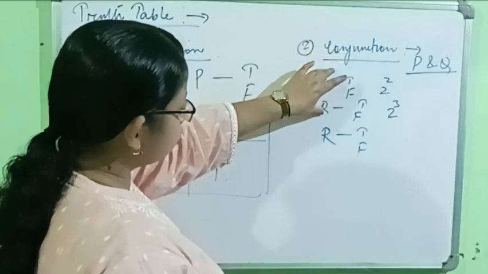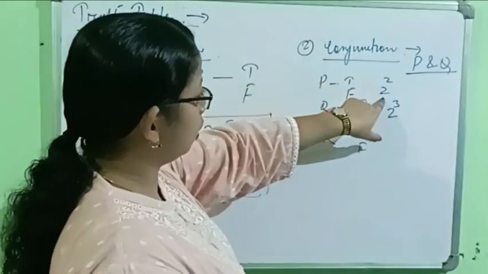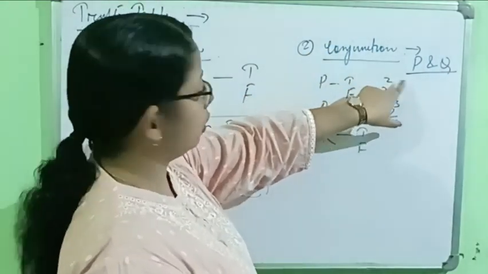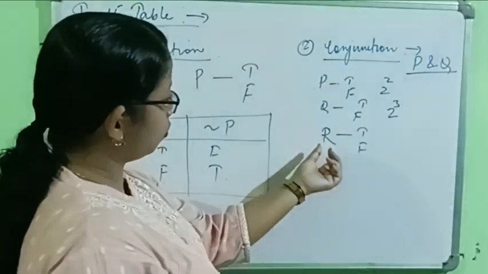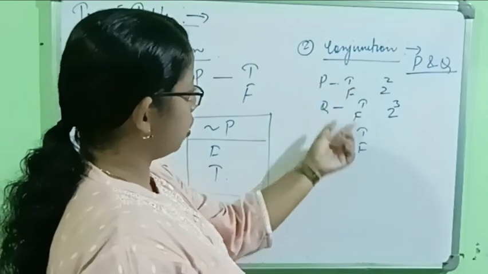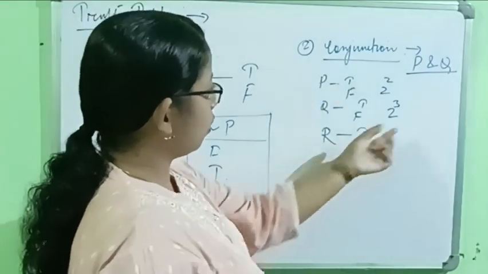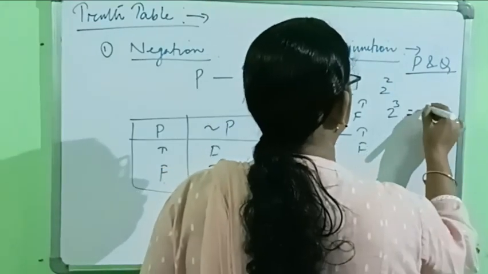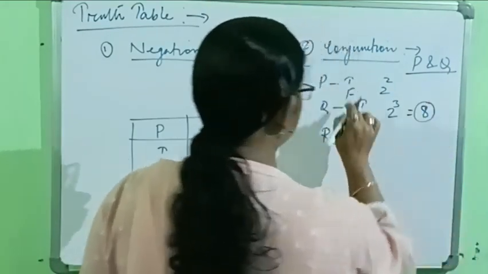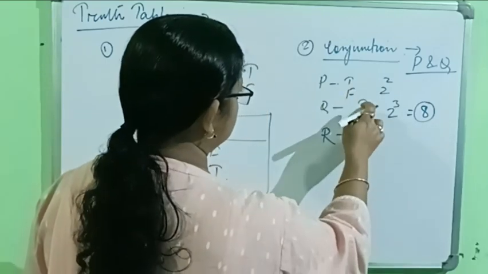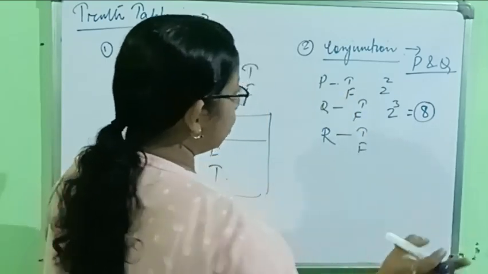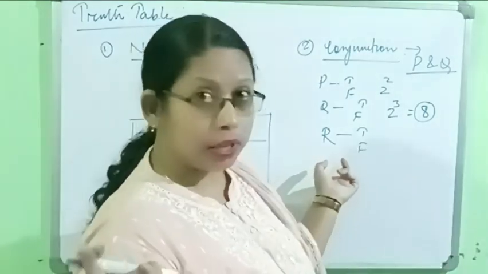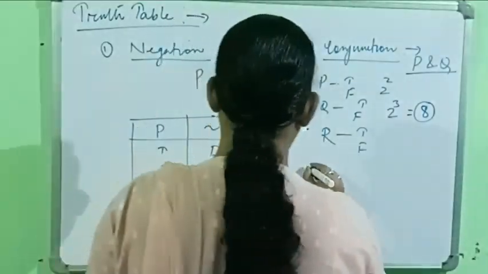In the case of two sentences, I will get 2 to the power 2, that is four choices of true and false values, and for 3 I will get 2 to the power 3 equal to 8 true-false combinations. Like that I will get 8.